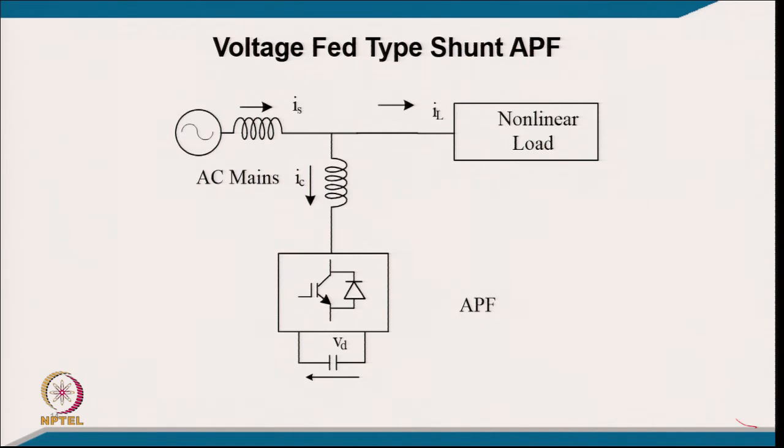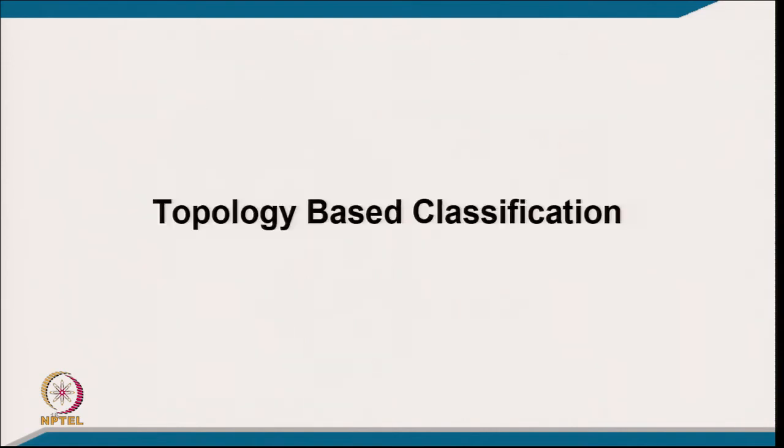Some part we have already talked about in DSTATCOM. There we were generating reactive power as well as negative sequence current, but we were not having harmonic current. Here you can have only harmonics for this filter because it is a filter, but you can certainly have other compensation also.